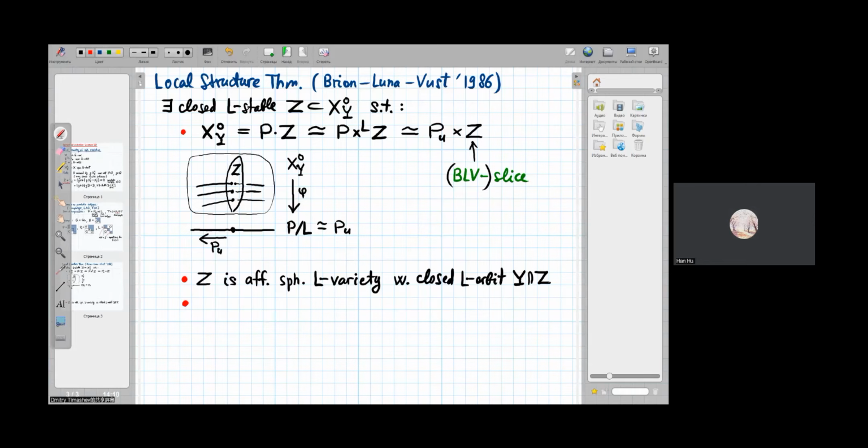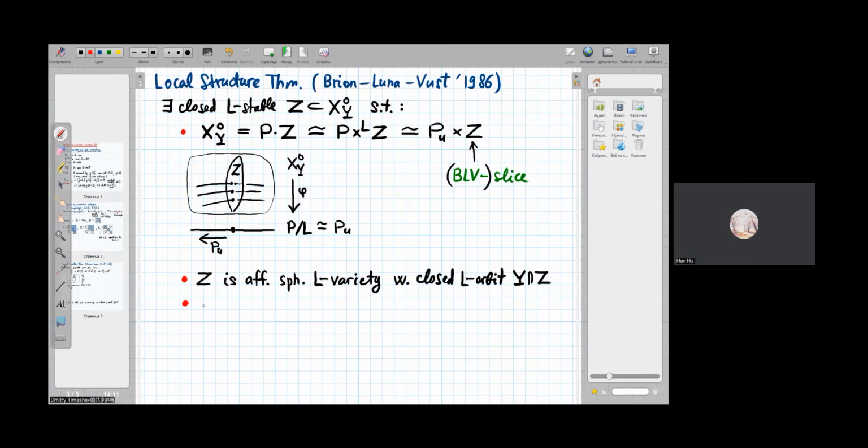The third statement says that the color data of this orbit Y and this affine spherical L-variety Z are essentially the same.